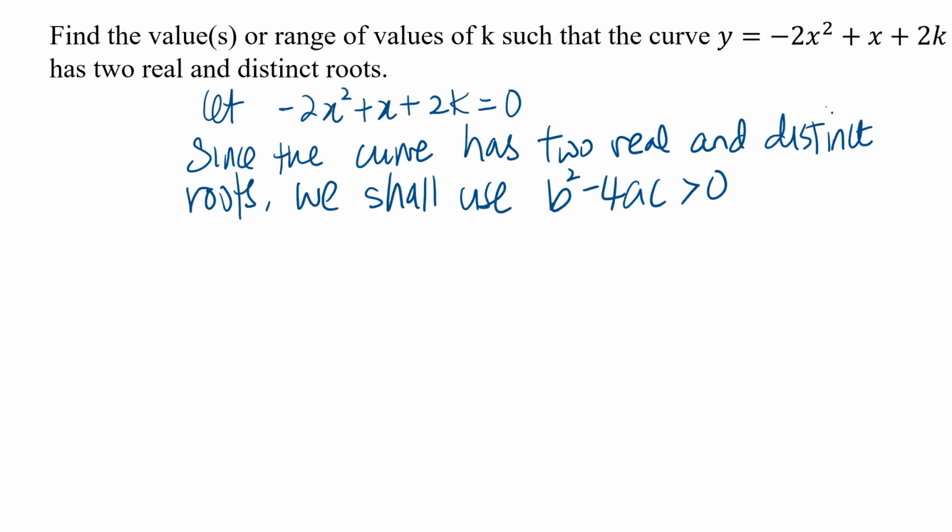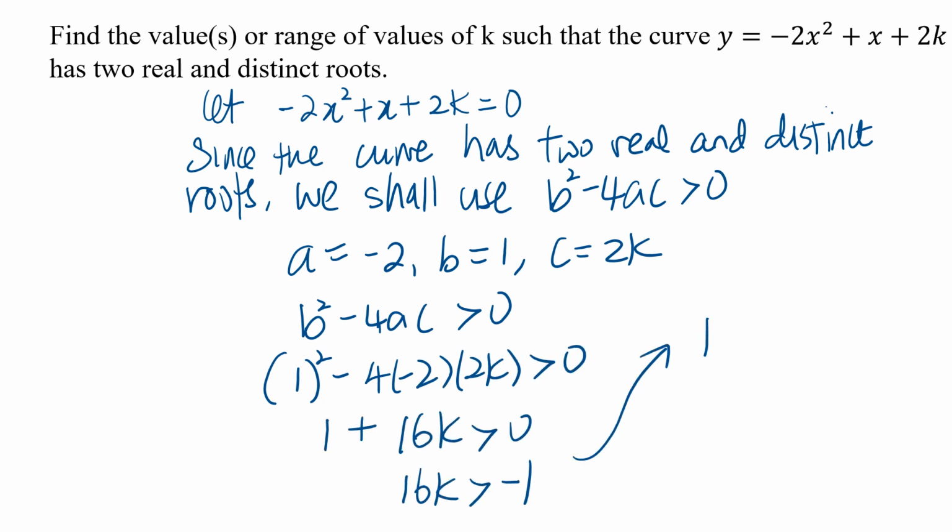Yes, so if the curve has two real and distinct roots, means the value of b squared minus 4ac is a positive value, right? So we do the same thing. We substitute the values of a, b, and c into b squared minus 4ac, let it be more than 0, and you end up getting an inequality where k is greater than negative 1 over 16.